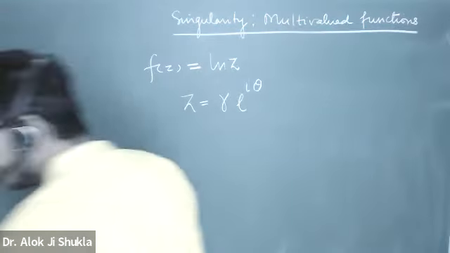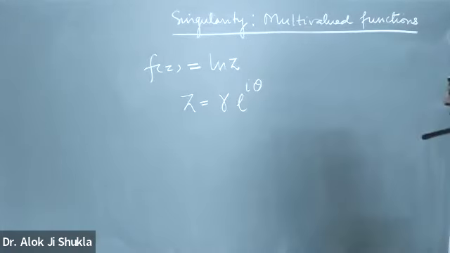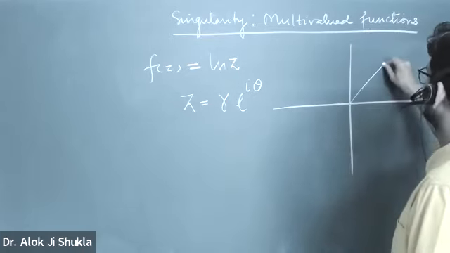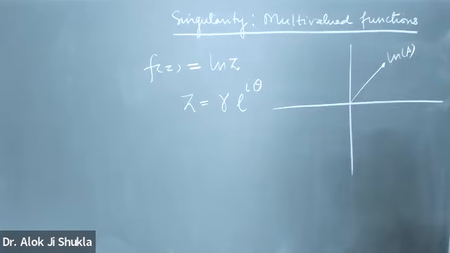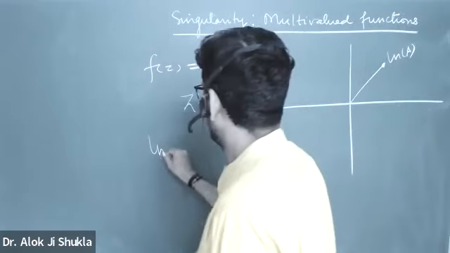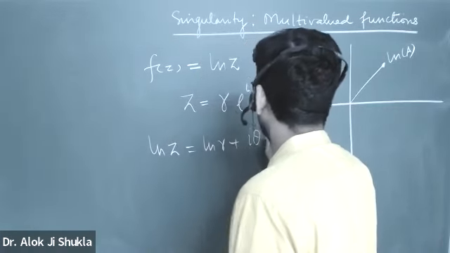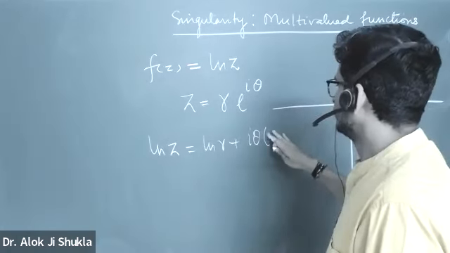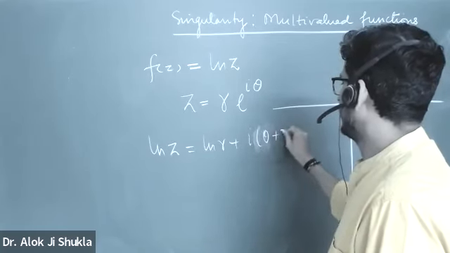Then what will happen? Suppose I just represent a point, log of a. Suppose this is a point. And if I take log of z, it will be equal to log of r plus i theta, and I will write theta as general angle 2n pi.